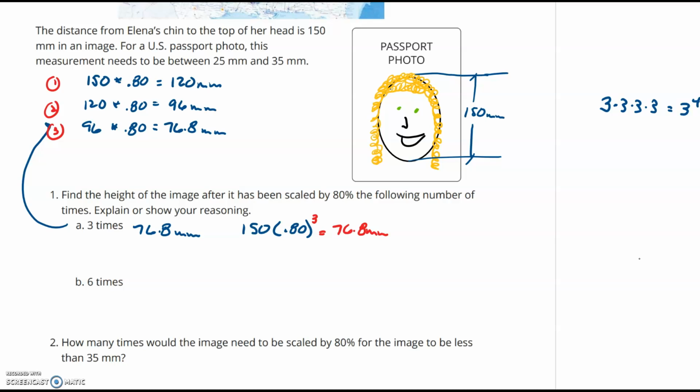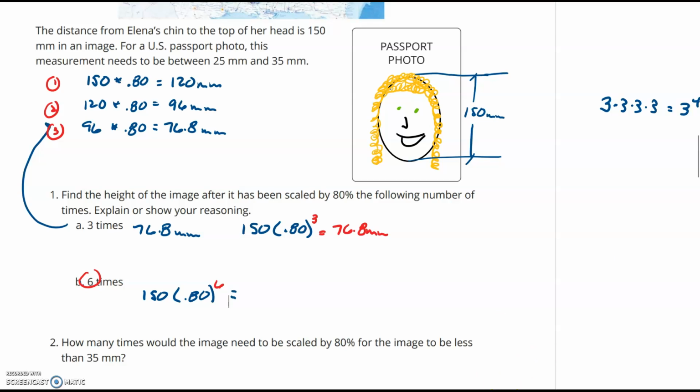So for part 2 here, instead of going through and multiplying it by 0.80, enter, by 0.80, enter, I'm going to write it this shortcut way. I'm going to take this 150, I'm going to multiply it by 0.80, but I want to multiply it 6 times.